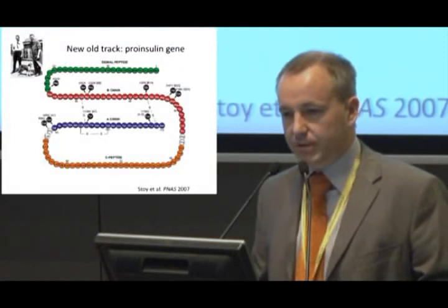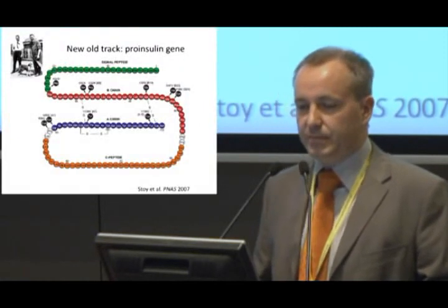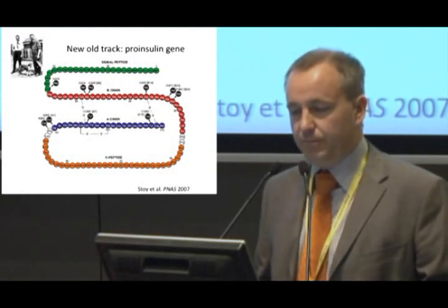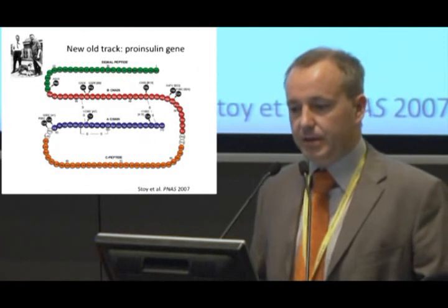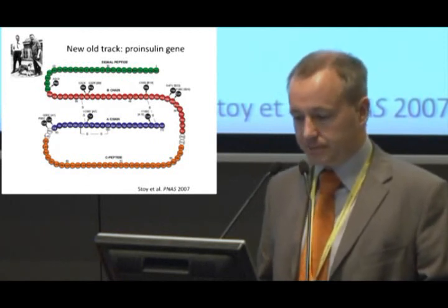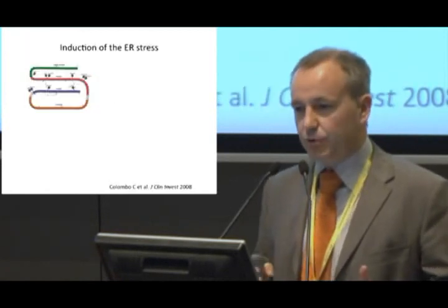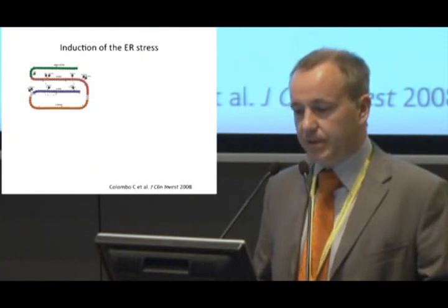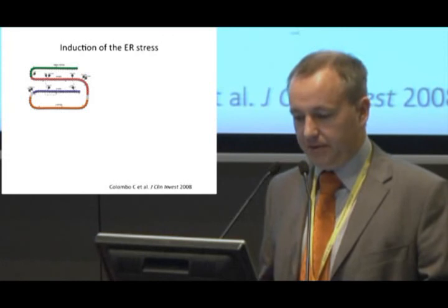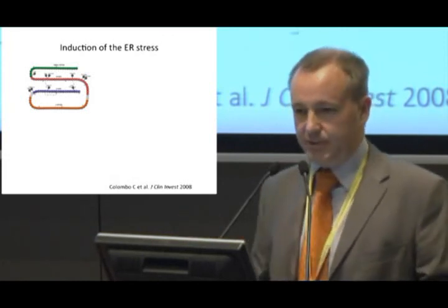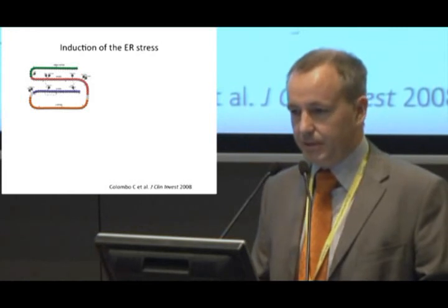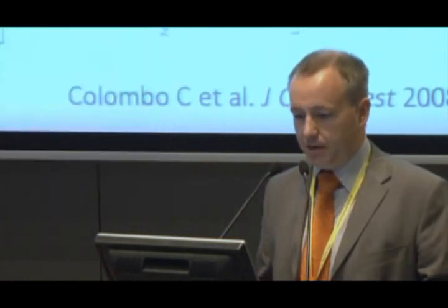And right now we know that there are a few people in the world who are carriers of a mutation in the proinsulin gene, and this mutation can cause ER stress within the beta cell, and finally beta cell damage and apoptosis related to this overworked ER.